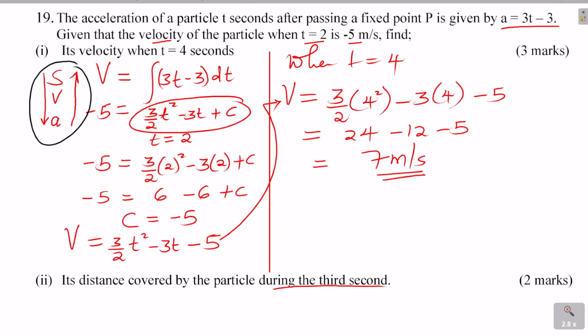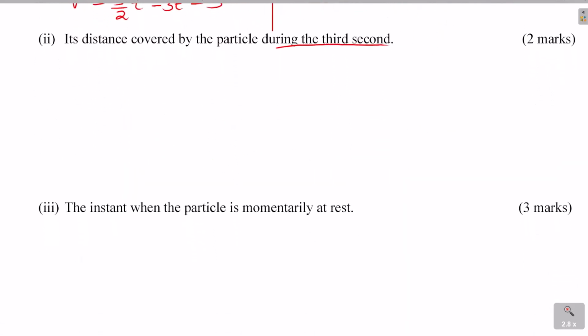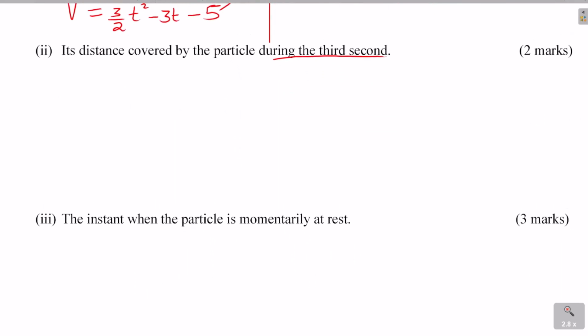And how do you do this? If you're given velocity and you want to get s, displacement, you integrate, that is upward movement. We integrate velocity to get distance or displacement. So we shall take the velocity, which is already here, and when we integrate that, we get distance.